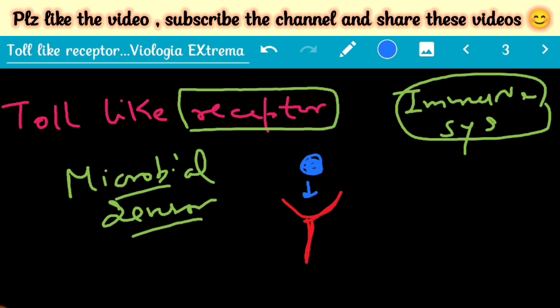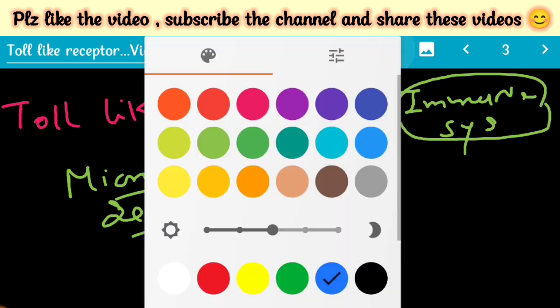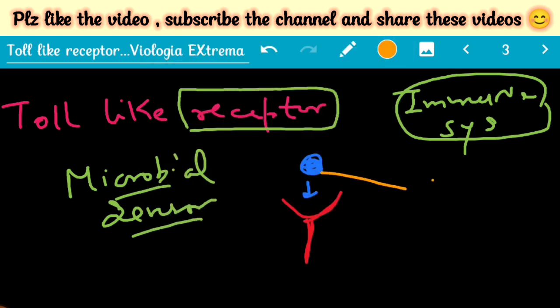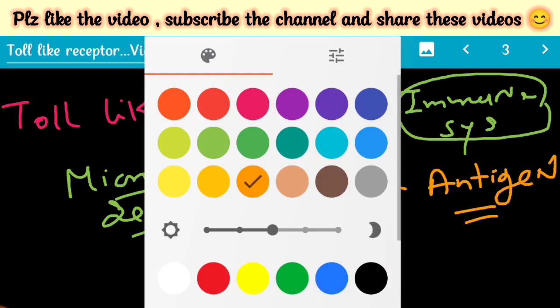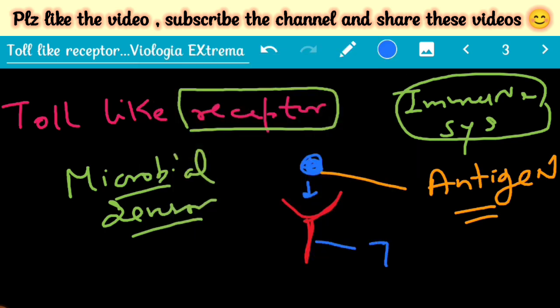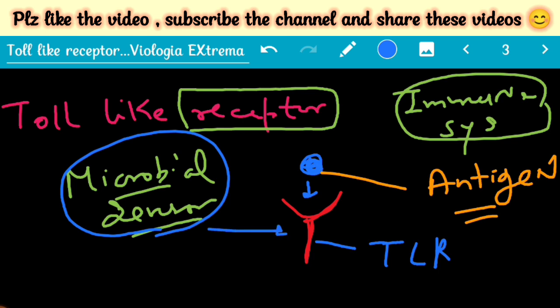In the case of the immune system, we call this ligand an antigen. For example, this is our TLR, toll-like receptor, a type of microbial sensor. So what happens when this receptor binds to an antigen?